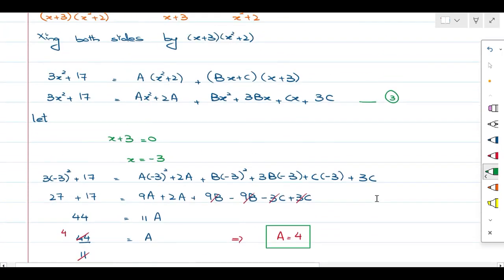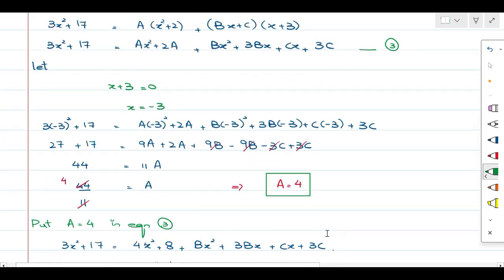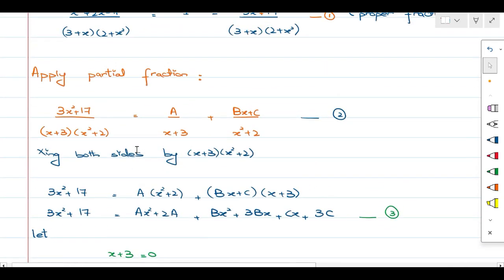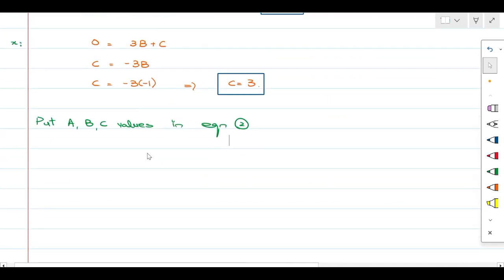Now let me substitute all the values into your equation number 2. Put a, b, c values in equation 2. Okay, now my equation 2 becomes 3x square plus 17 divided by x plus 3 into x square plus 2, equals a over x plus 3.